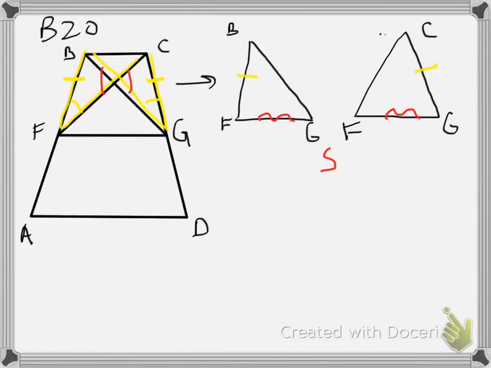So now I know these two triangles by angle, angle, side are the same, which means this distance is the same as this distance, which means this angle is the same as this angle right here.